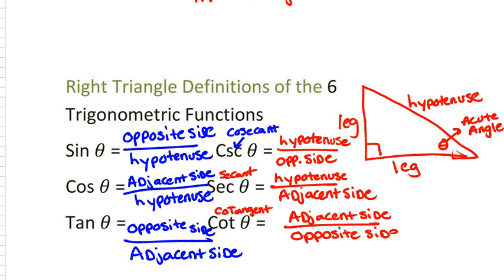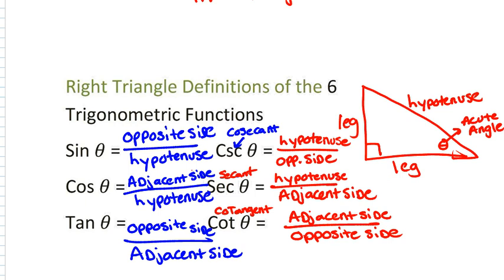Those are the 6 trigonometric functions, and basically how you would find them in a right triangle is you would look at the acute angle here, whatever it is, and basically you would go with the ratios.